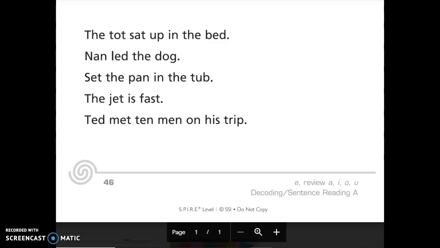Okay, so now we'll go ahead and read the third sentence silently. And hopefully you know what picture you saw in your head. Okay, so we'll read the fourth sentence silently.